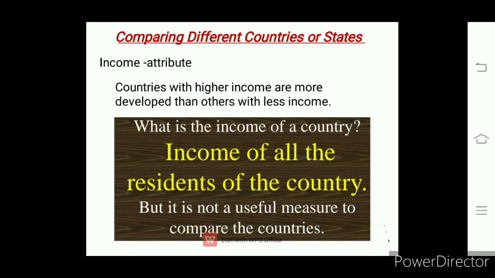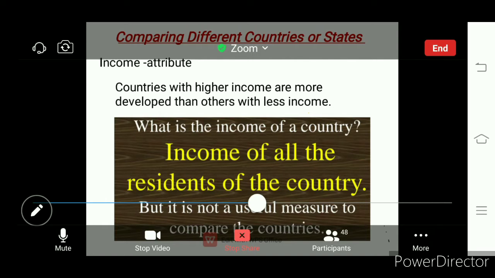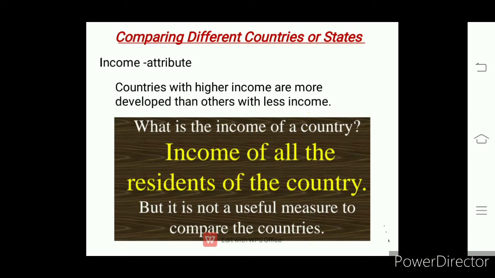So we have come to know that all the people in a nation are not in a position of earning the income, and population varies from one country to another country, so that where population is high and all those individuals earning the income will show high income. So as population is one criteria here which is varying from one nation to another nation, it is not correct.